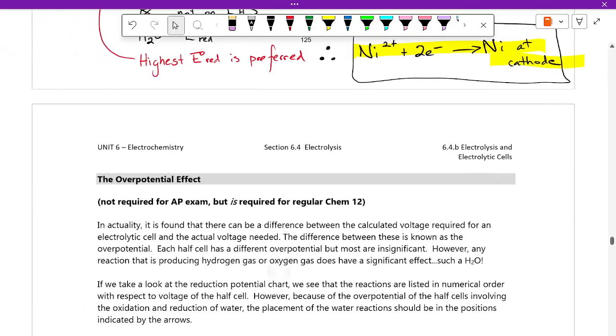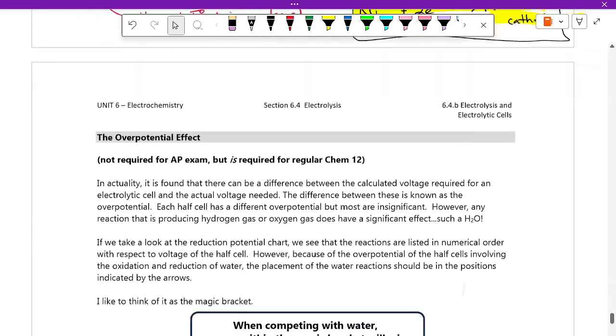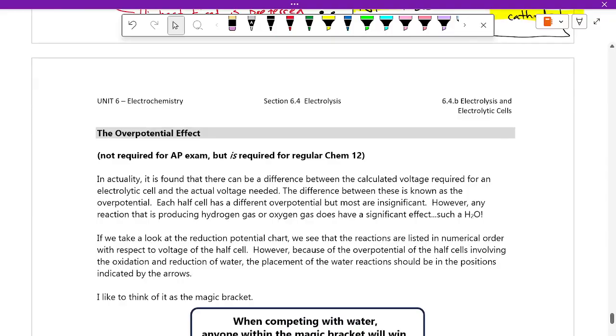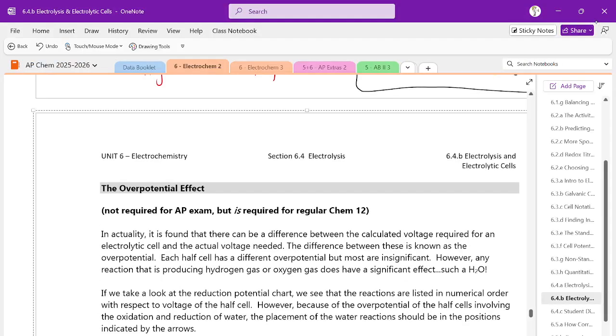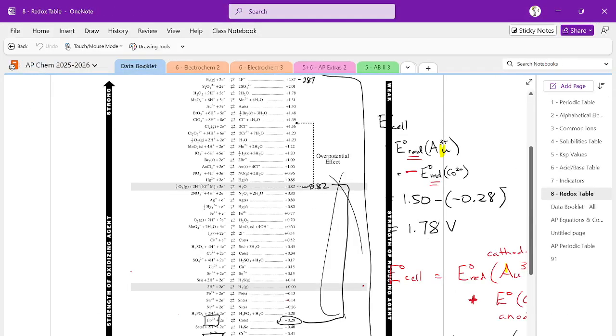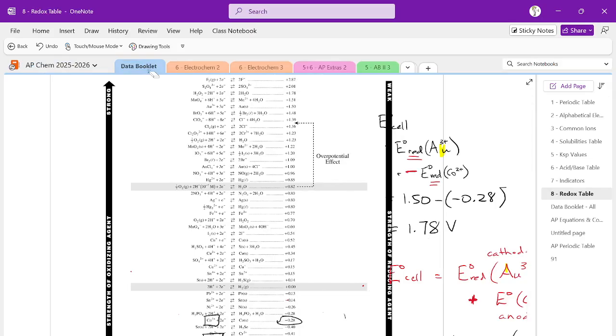Now, there's this thing called the overpotential effect, which is not required for AP, but is required for regular chem. Yay! Something that we do in regular chem. And if you look on your chart, you are going to see the overpotential effect. Do you see that little dotted line and arrow?